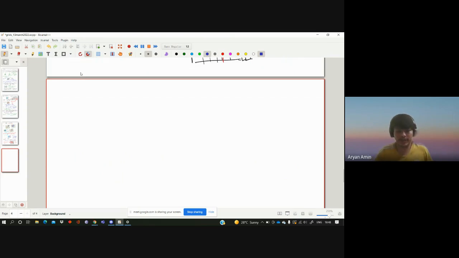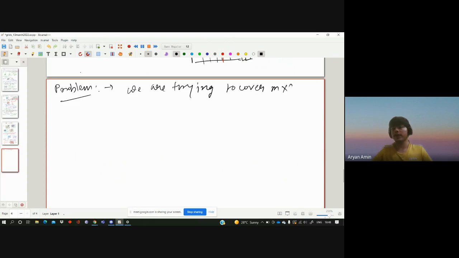Okay. So next, I think I'll do this problem. So this problem I'll actually try to show the modern coloring thingy. Suppose we are trying to cover m cross n boards with 1 cross k tiles.